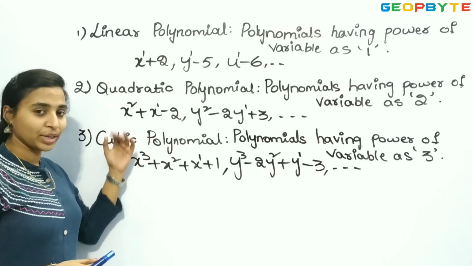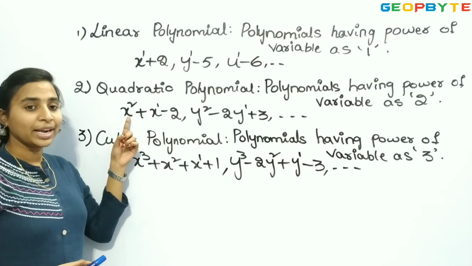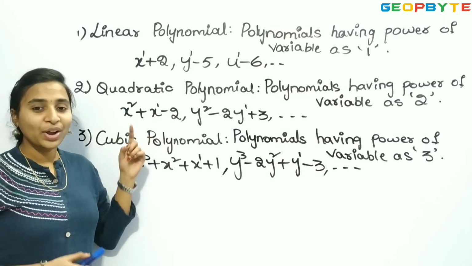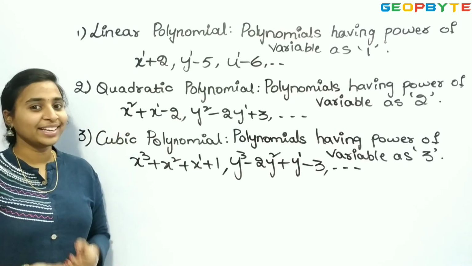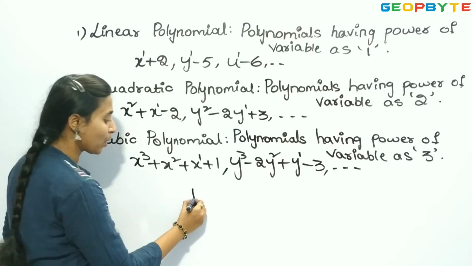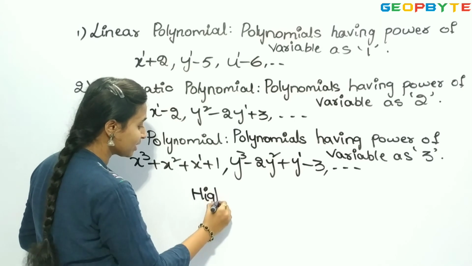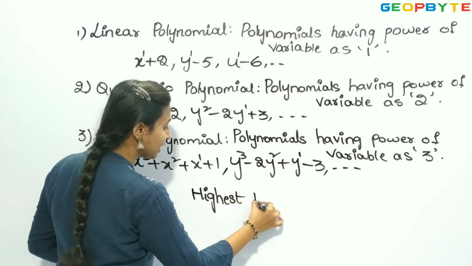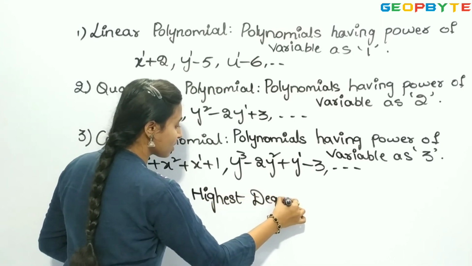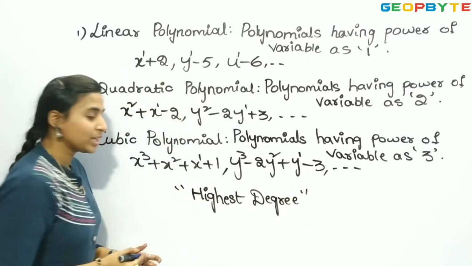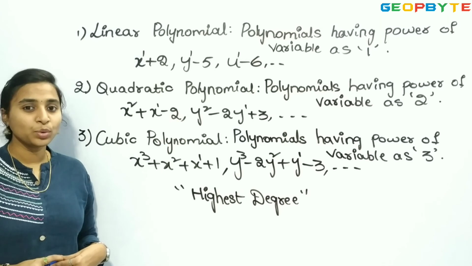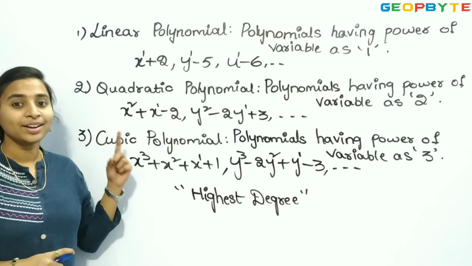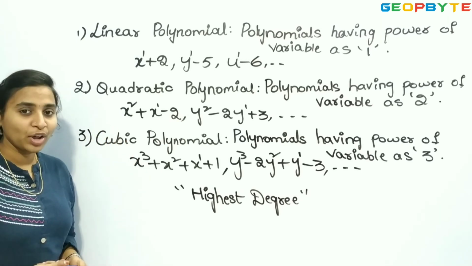But in these two cases, we have many terms in the polynomial, but we have considered only the highest degree. Remember the point, highest degree. The highest degree of the polynomial decides whether it is a linear, quadratic or cubic polynomial.